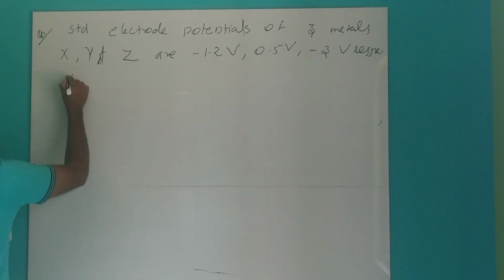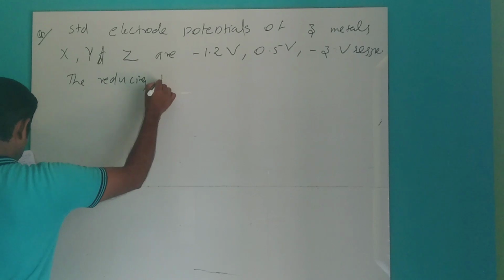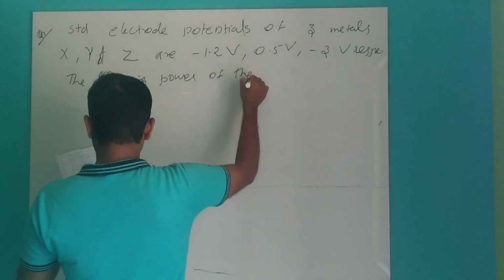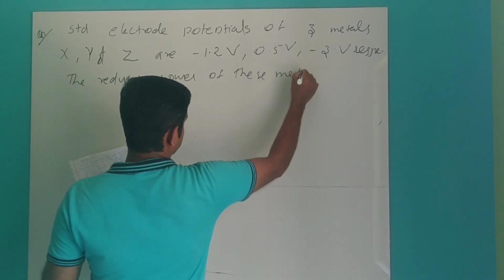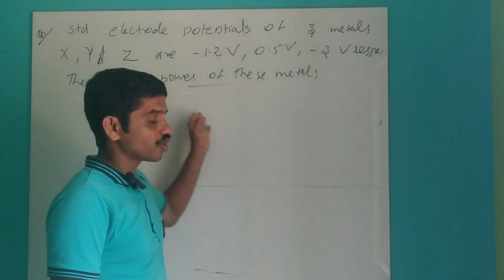The reducing power of these metals. So you should write the reducing power of these metals.